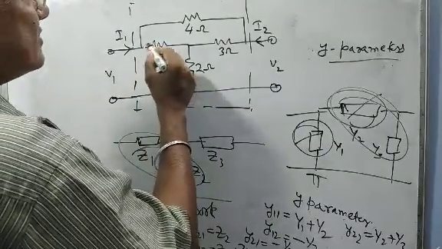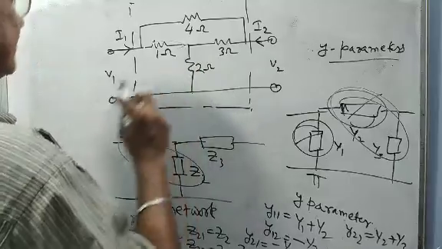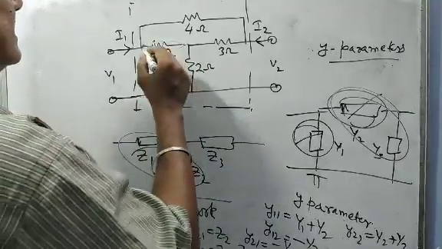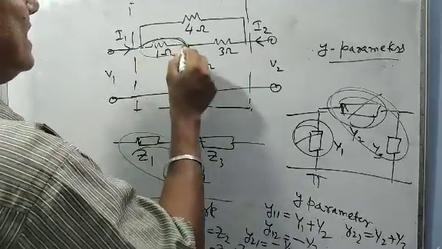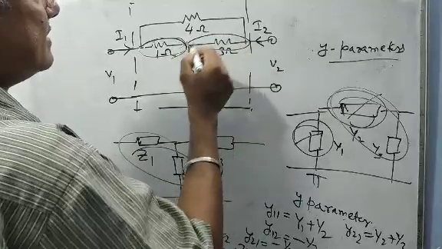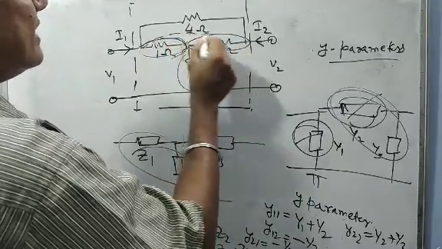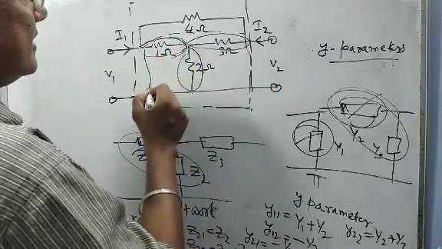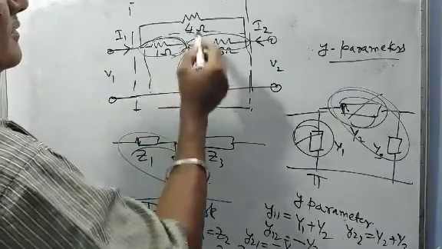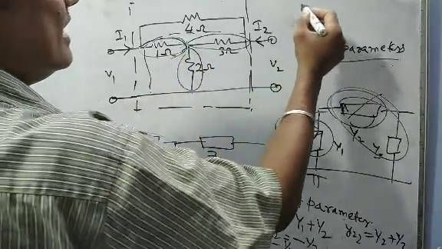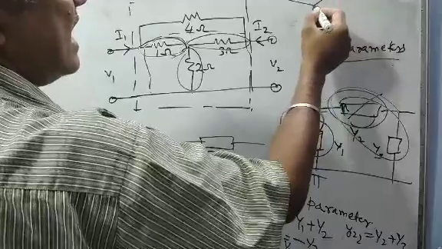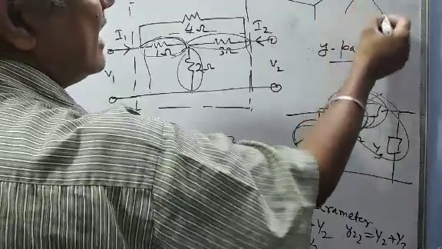You see, this is a T network, isn't it? Can't you convert this into pi form? Obviously, a star can be converted into delta.